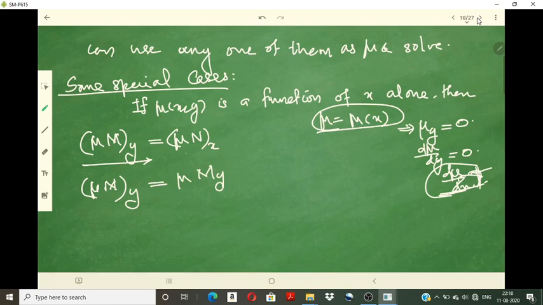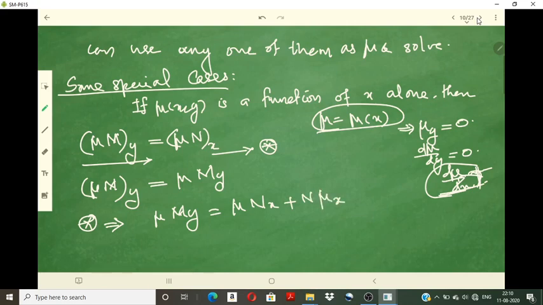Okay, so this equation number we didn't give any number, so equation number star implies μM_y is equal to μN_x plus N into μ_x.